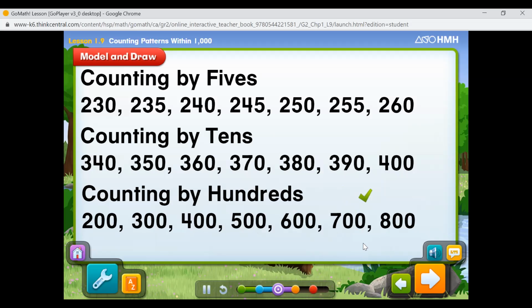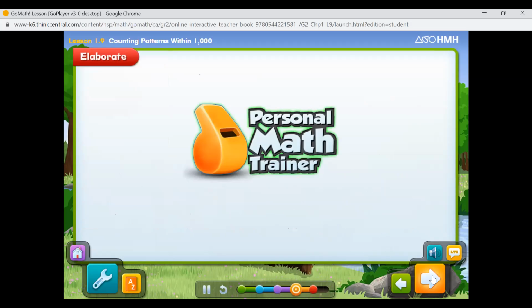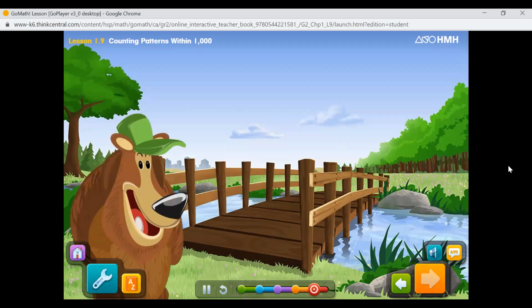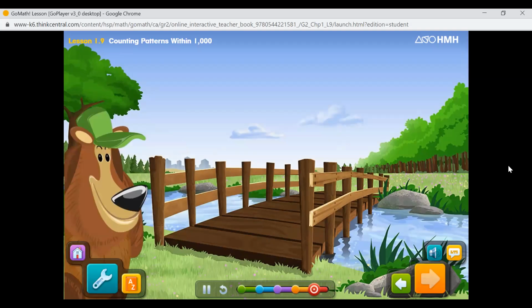The order for counting by hundreds is 200, 300, 400, 500, 600, 700, 800. Thanks for helping us figure out the next 4 numbers when counting by tens. See you soon!